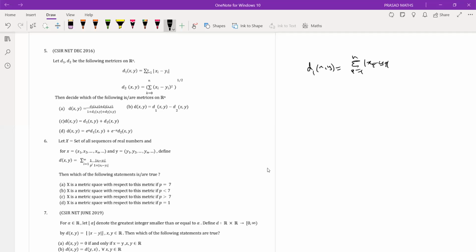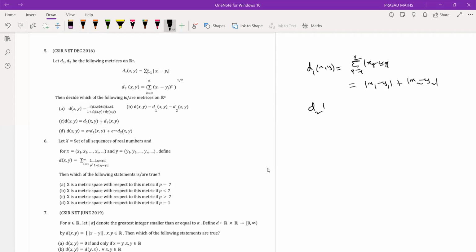Right? So therefore, this can be rewritten. Suppose you take the 2-dimensional case. To understand this problem, take n equals 2 for convenience. So this is nothing but x1 minus y1, x2 minus y2.